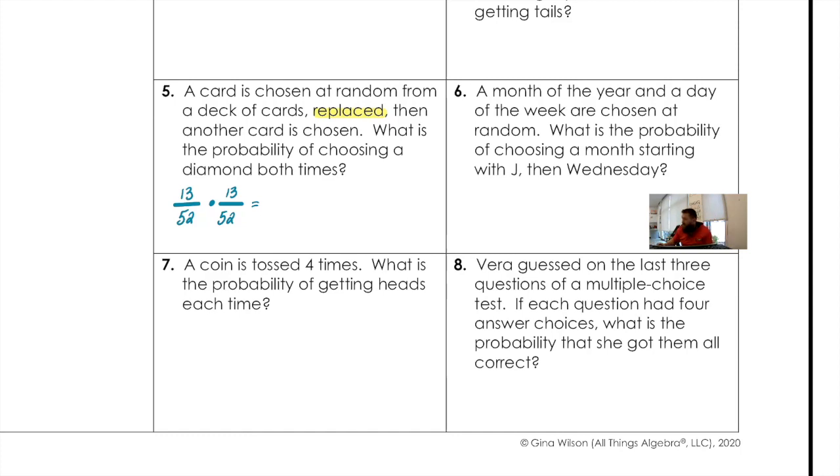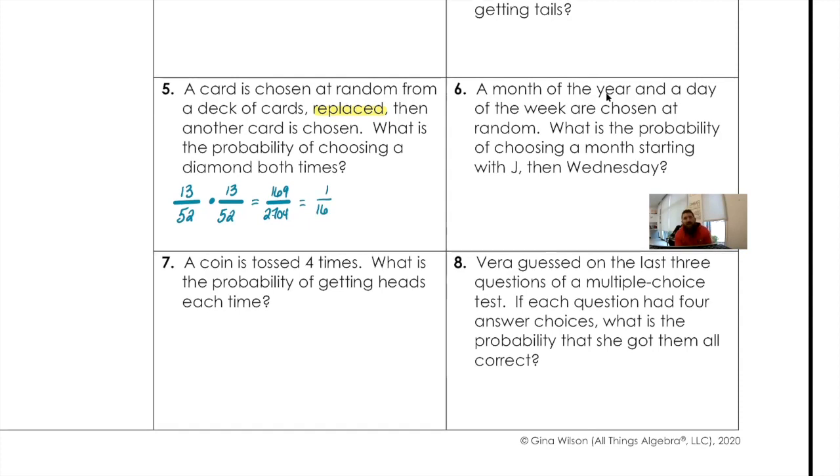13 times 13 is 169. 52 times 52 is 2704. Math frac that rascal, and we get 1/16.